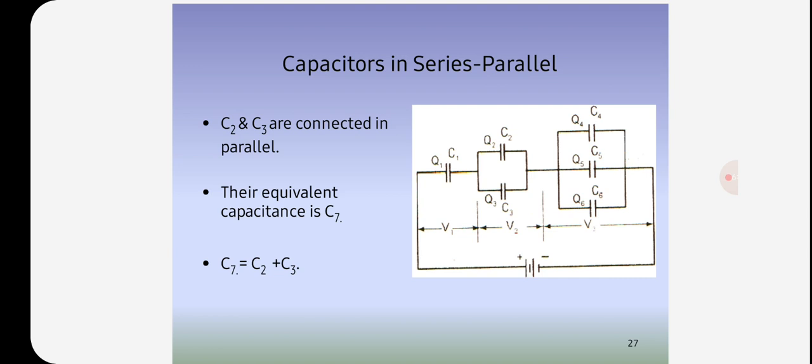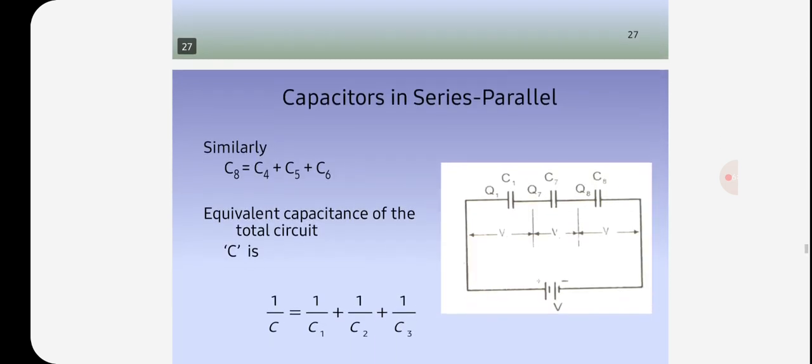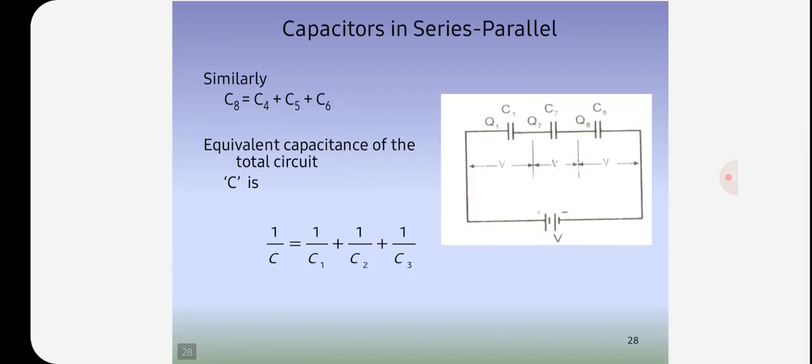C2 and C3 are connected in parallel. Their equivalent capacitance is C7, that is C2 plus C3. Similarly, C8 is equal to C4 plus C5 plus C6.